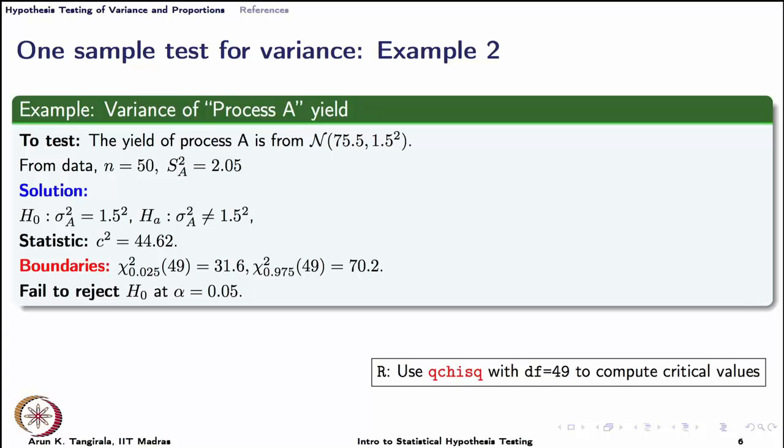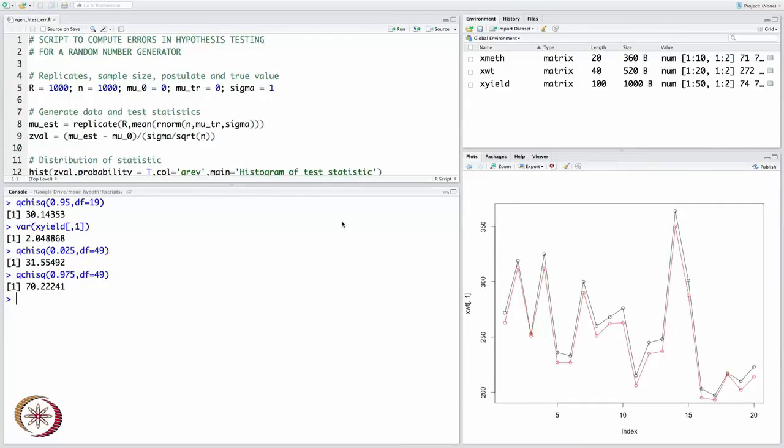Now, the question is whether the statistic falls within the acceptable region. We only computed the variance, we did not compute the test statistic. We can go back and compute the test statistic and see if it agrees with what I have shown on the slide. So, what we shall do is, we know that the test statistic is n minus 1 times s square divided by the postulated value of sigma square.